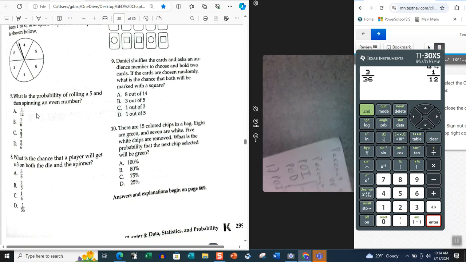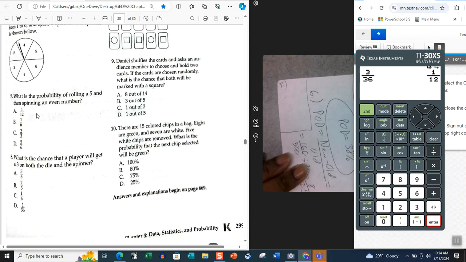Okay, now that took care of problem number 7. Now we go here to problem 8. It says, what is the chance that a player would get a 3 on both the die and a spinner? A 3. Okay. I'm pretty sure we can handle that. So number 8.